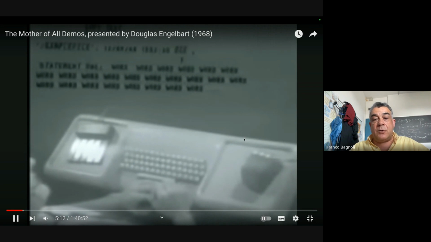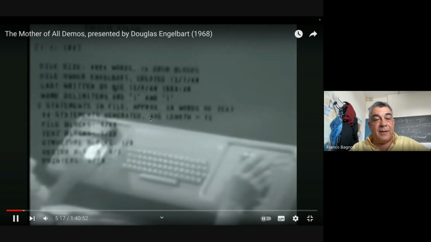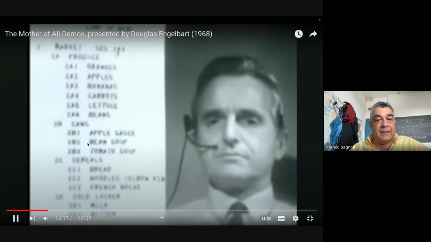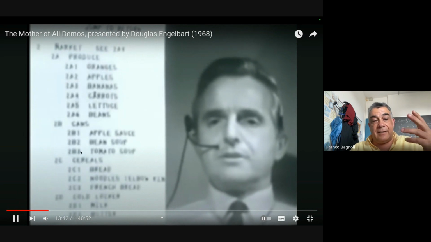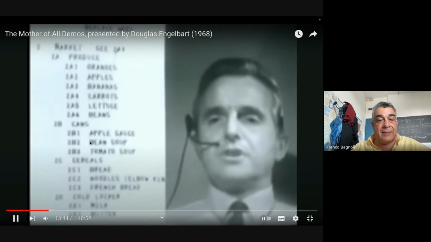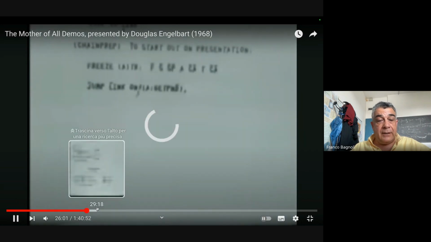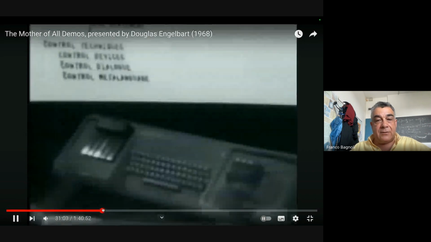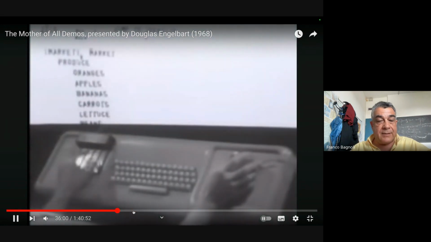It shows that you can use the mouse to select characters, and have applications like kind of file systems, and also hypertext, so you can click and open pieces of text.